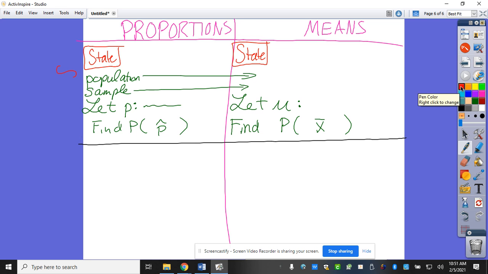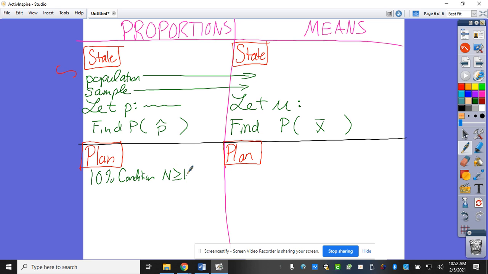For plan, what is the first thing we do for proportions? 10% condition. And that's up to you how much of this you want to write. I'm just doing the comparison, not writing out the descriptions. Do we do the same thing for means or something different?